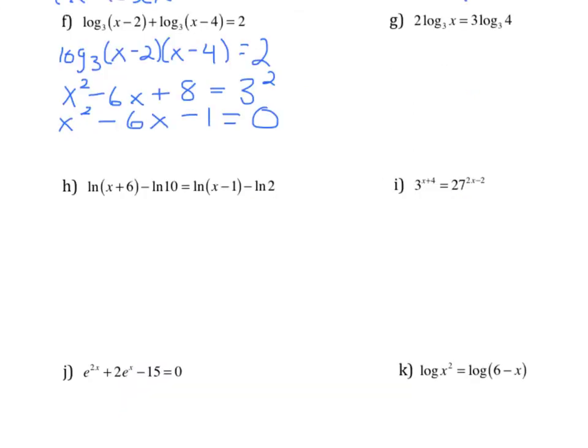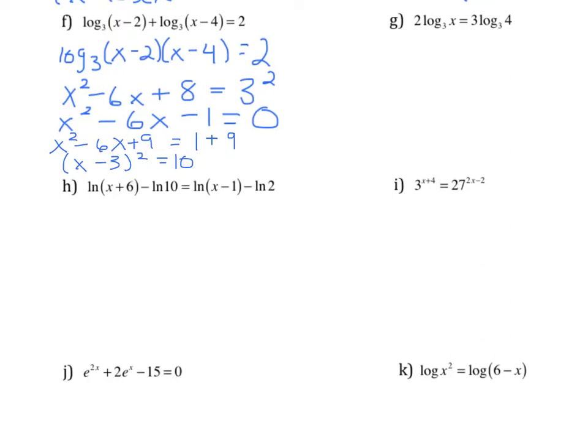Now, unfortunately, that is not factorable. So I'm either going to have to use the quadratic formula or complete the square to solve. So I think completing the square on this one might be a little bit of an easier way to go. So I'm going to first take my 1 and move it to the other side. And then I want to divide by 2 and square it, so I'm going to add in a 9. And then factor, so I have x minus 3 squared equals 10.